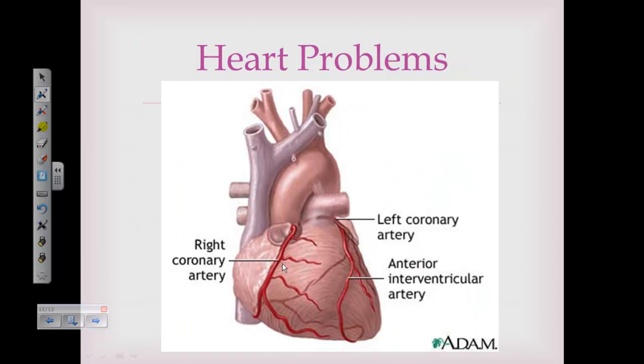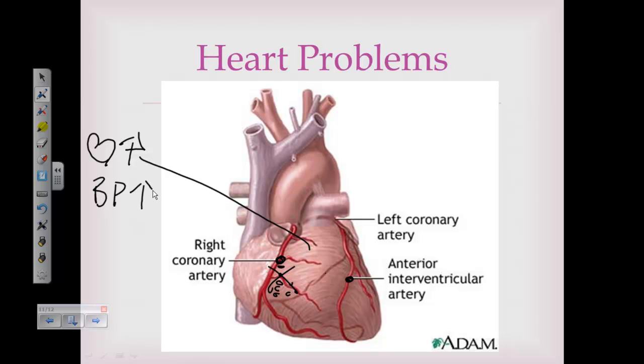So, problems with your heart that can occur: blockages in your coronary arteries would cause the cells of the heart that get blood from this artery to die. This would cause the other cells that are left behind to have to work harder. So this is going to increase your heart rate, increase your blood pressure, and it's going to stress your heart out.